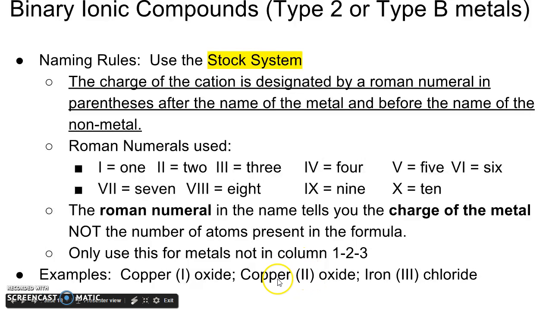So it has lost 2 electrons to form a 2+ charge, and I can now write the formula for copper 2 oxide. Iron 3 chloride, I know chlorine's a 1- from the periodic table. This iron is specifically a 3+ charge, so I can write my formulas based off of that now. If you take out this Roman numeral in here, I can't write the formula because I don't know the charge.